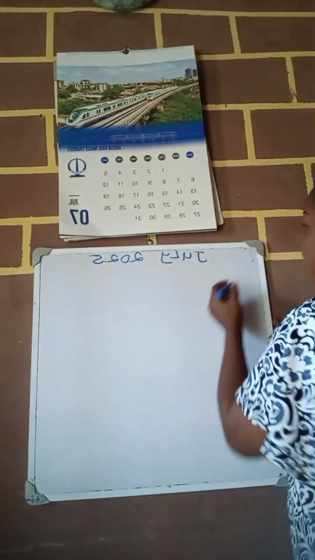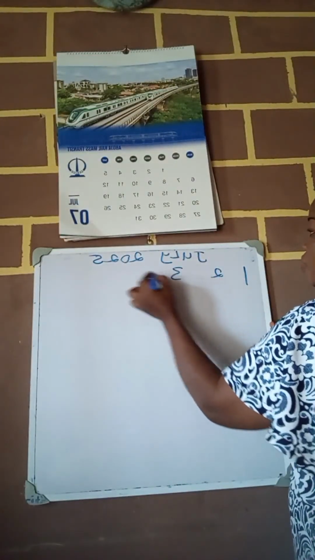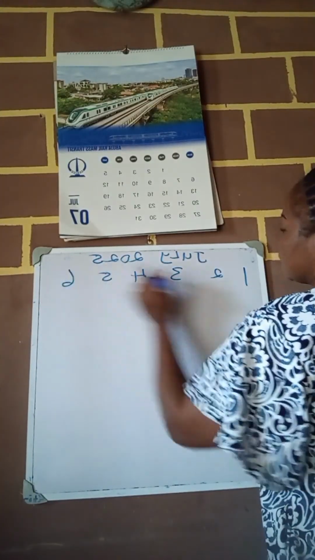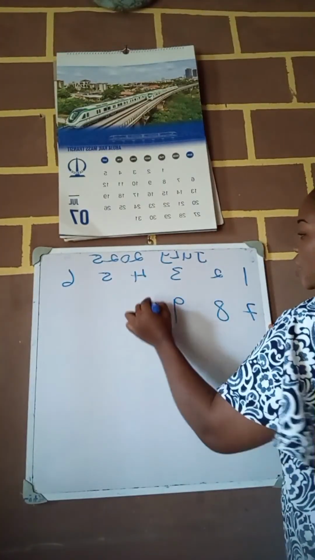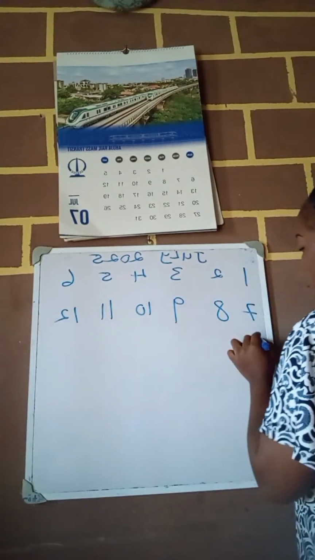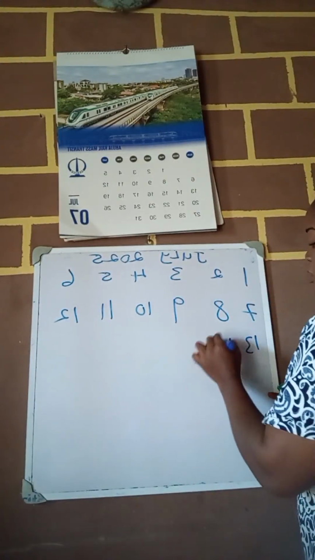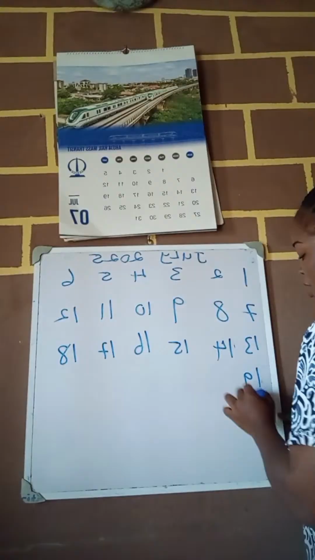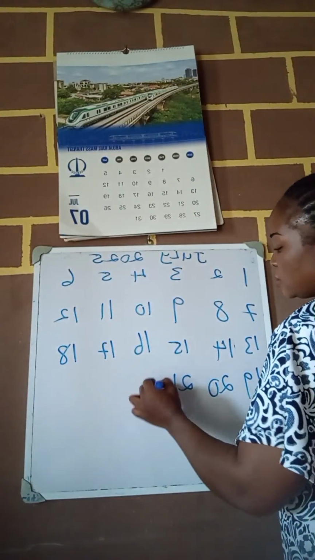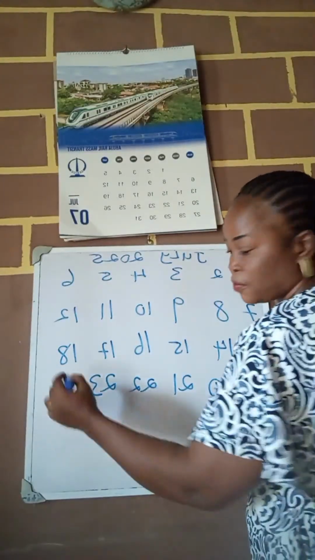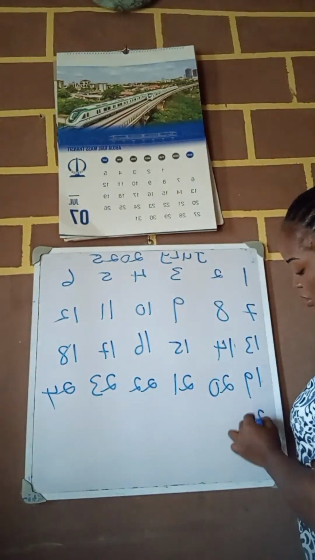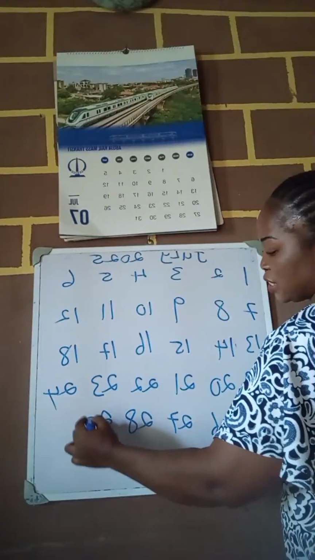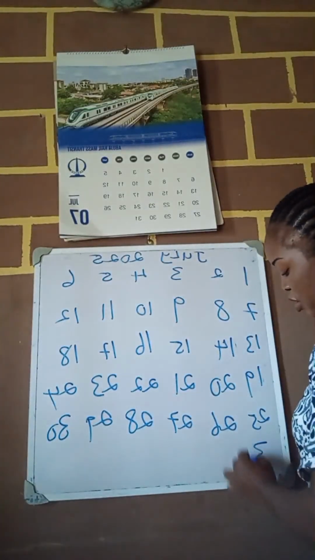So this is July 2025: 1, 2, 3, 4, 5, 6, 7, 8, 9, 10, 11, 12, 13, 14, 15, 16, 17, 18, 19, 20, 21, 22, 23, 24, 25, 26, 27, 28, 29, 30, and 31.